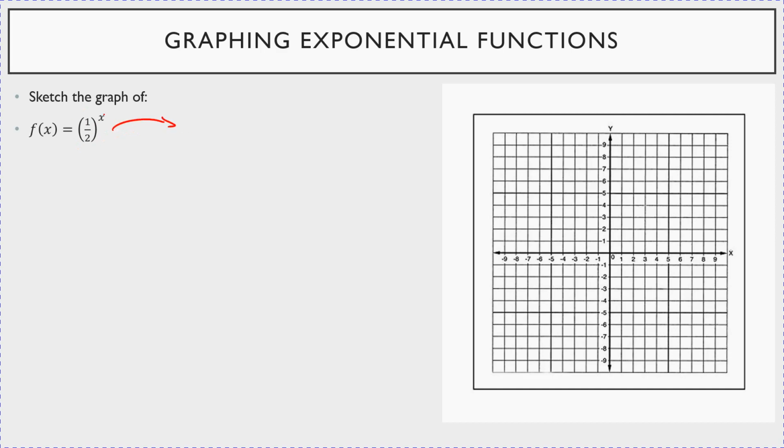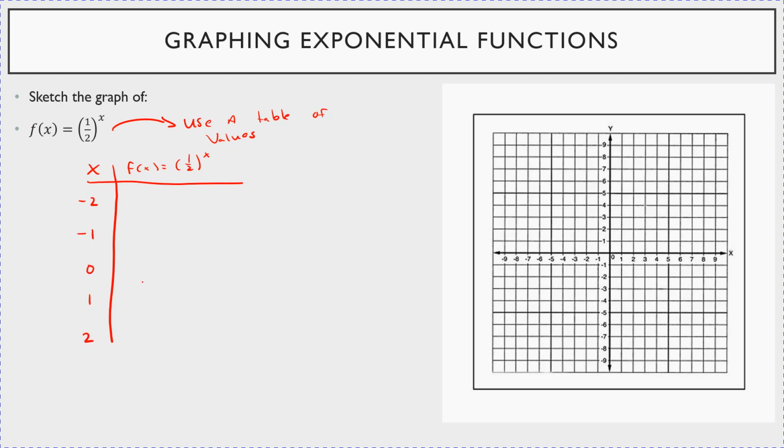It's got 1/2, so let's go back and use a table of values. Let's pick the same ones: -2, -1, 0, 1, and 2.